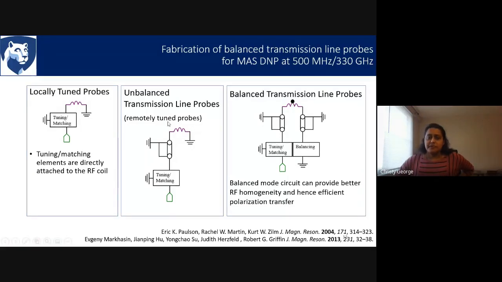In an unbalanced probe, one end of the coil will be going to the tuning matching circuit, whereas the other end will be grounded. But in case of a balanced transmission line probe, to enable this balancing process, we will have a symmetric circuit on either side of the coil. This side is called the tuning matching side, and this side is known as the balancing side. And the balancing side at the end is grounded.